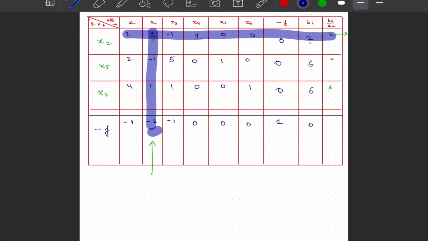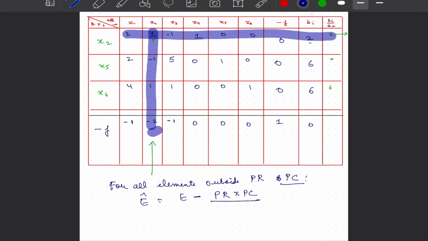The rule is, for all elements outside the pivot row and pivot column, the updated value E hat is given by E minus the value in the corresponding pivot row multiplied by the value in the corresponding pivot column, divided by the pivot element, where the pivot element is the intersection of the pivot row and pivot column.